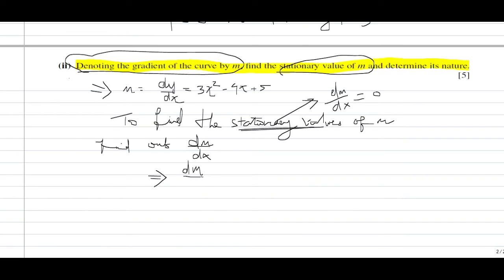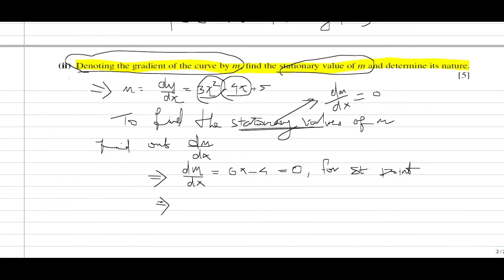Let's find dm by dx. dm by dx is equal to 6x minus 4. Recall the concept of differentiation, and as per the question, dm by dx is equal to 0 because it is a stationary point.